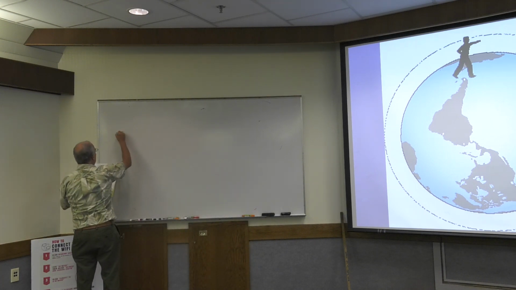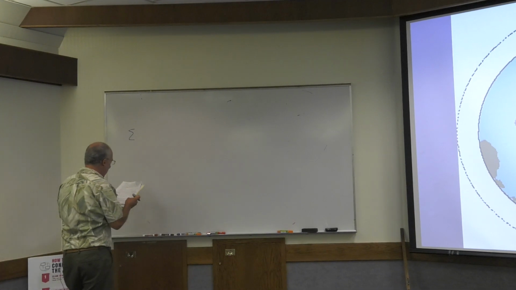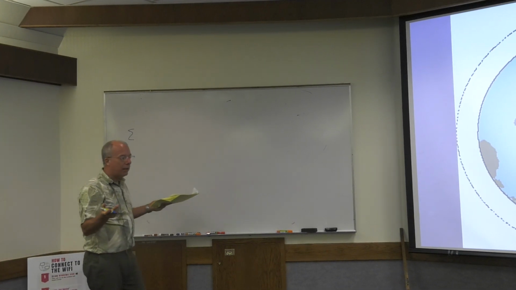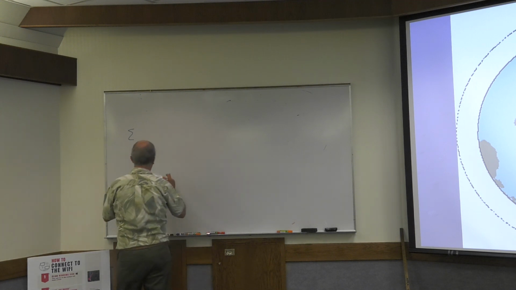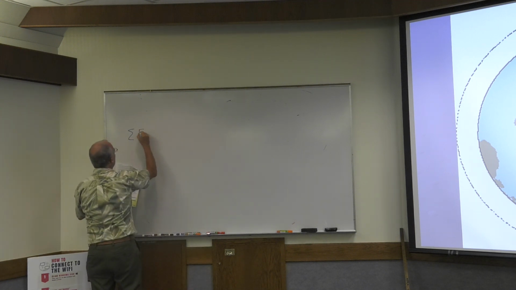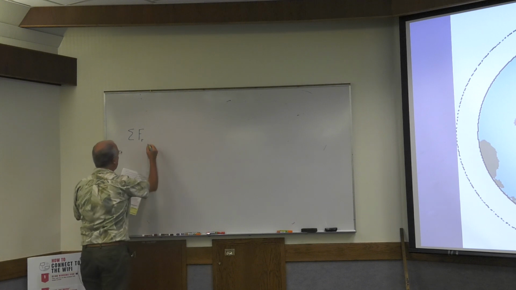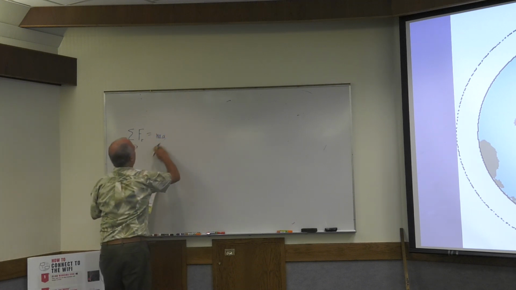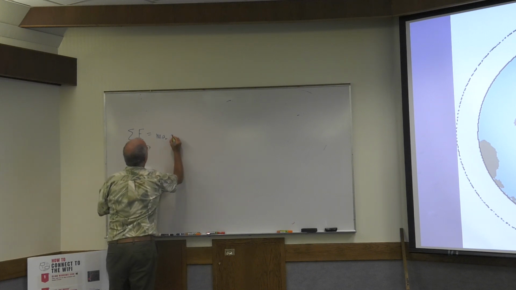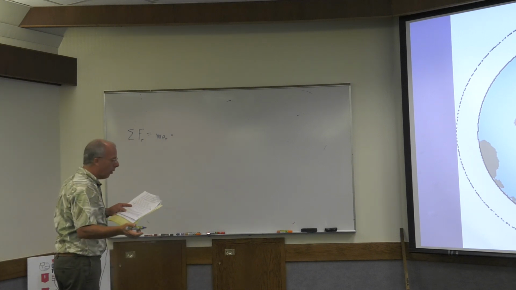Okay, here we go. This is circular motion, uniform circular motion. So the sum of the radial forces equals m a radial. And what's a radial? v squared over r.